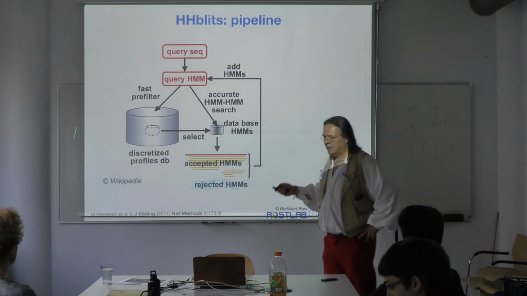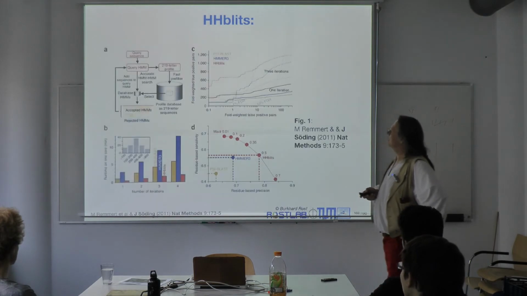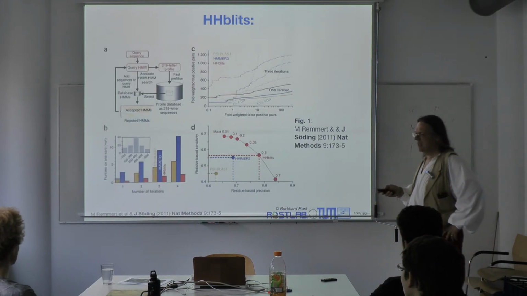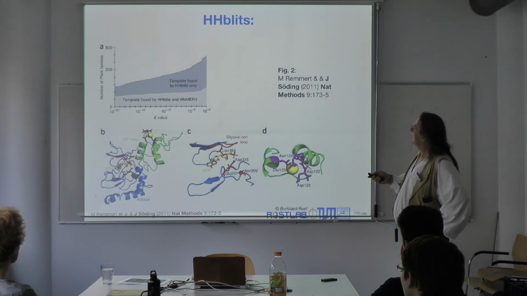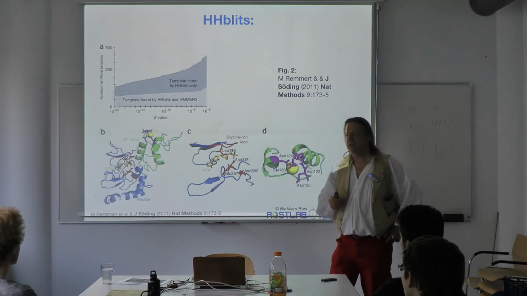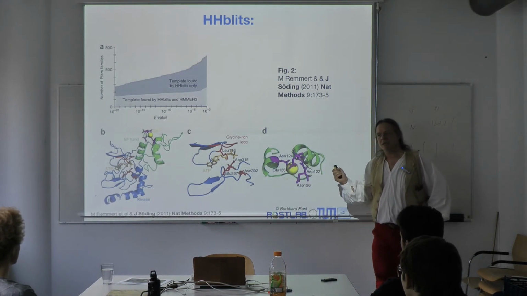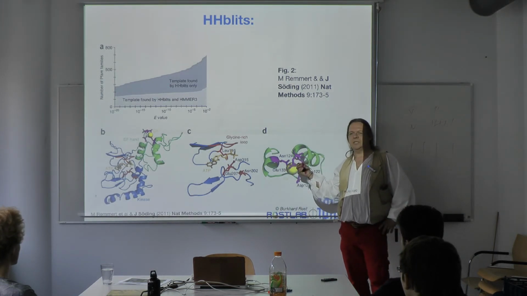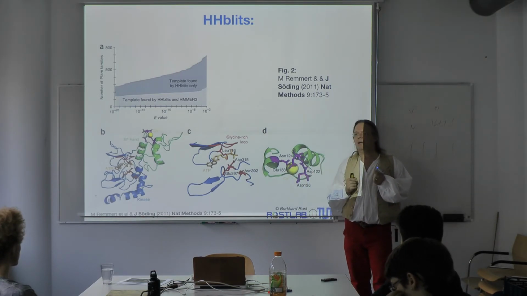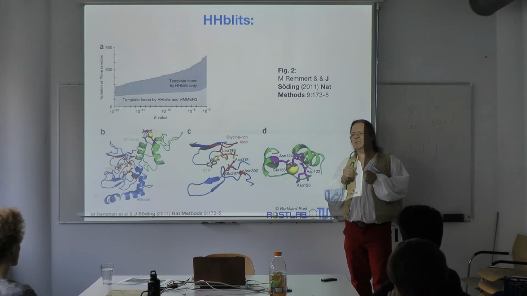That sets up the pipeline of doing it, the fast pipeline, those are some statistics. The major idea behind HHblits, the way it does it, is in a similar way the consensus sequence, except it replaces sequence by biophysical features. So it replaces a string by a set of features.